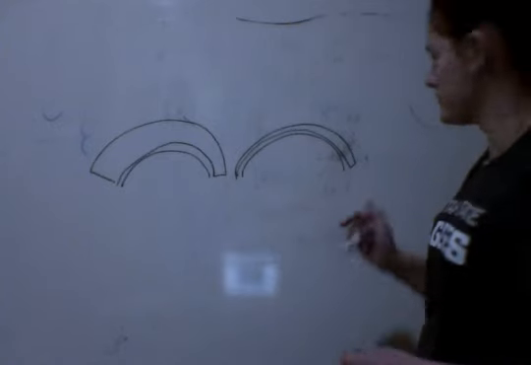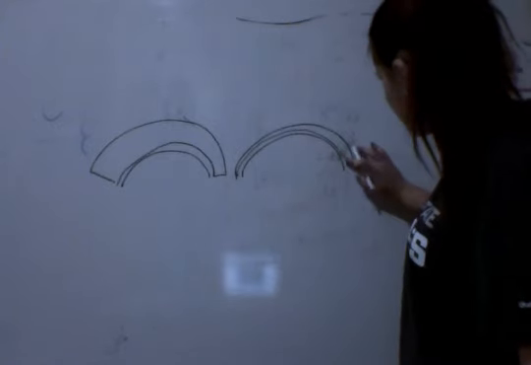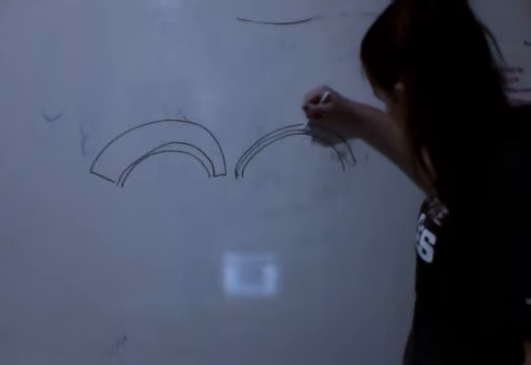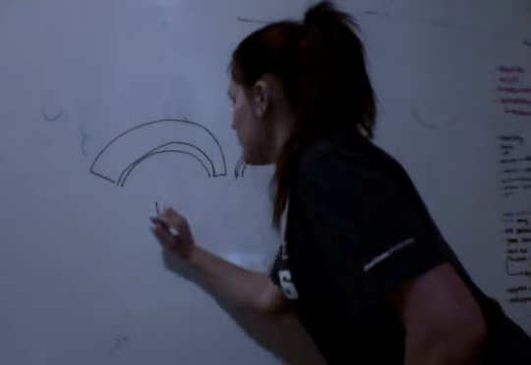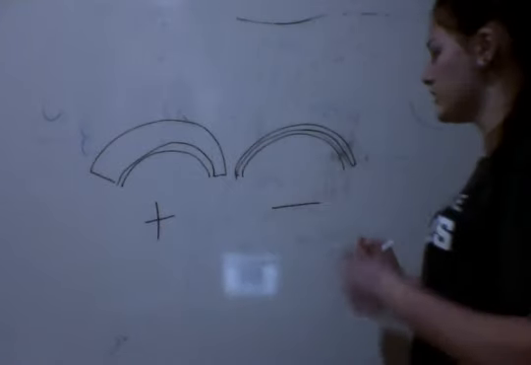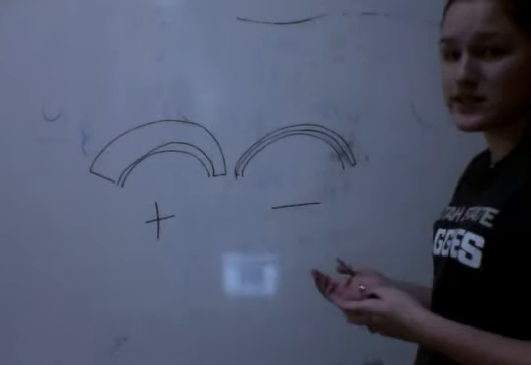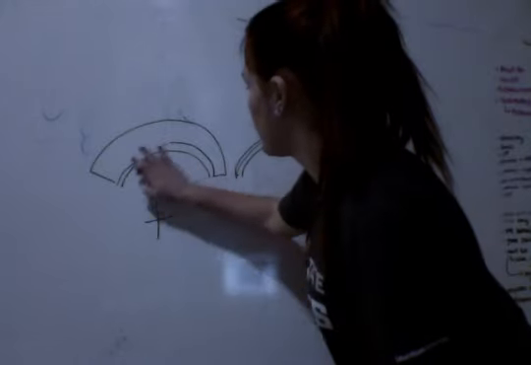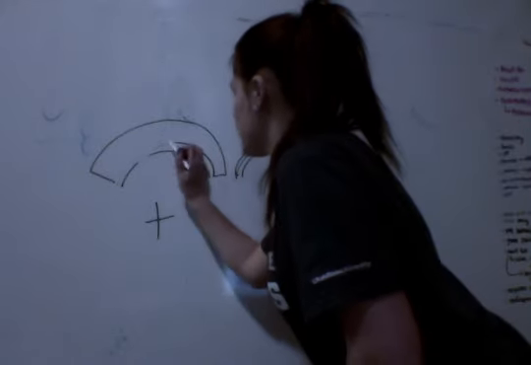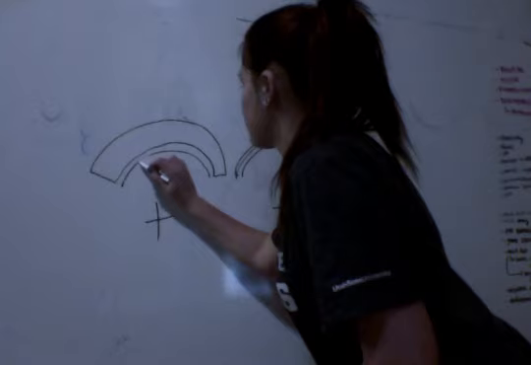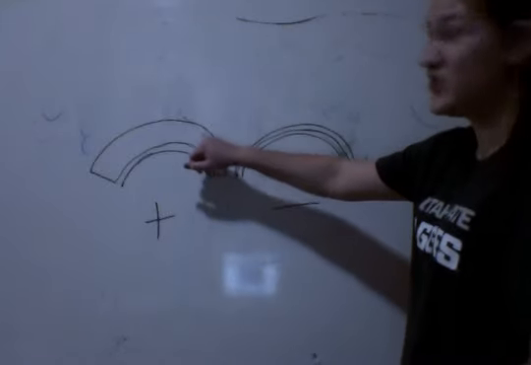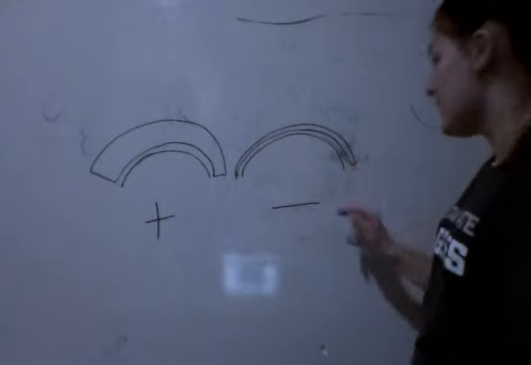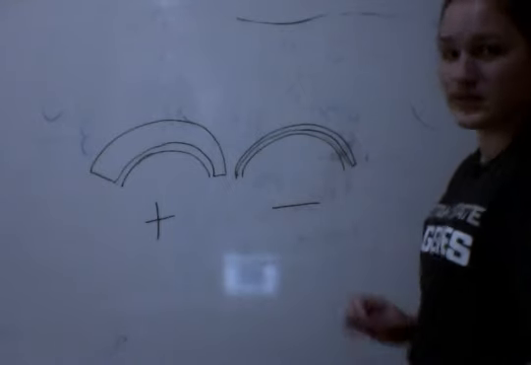That makes sense? That was a really bad drawing. Okay, there. So this is your gram positive, and this is your gram negative. Already you can see some differences in how big the cell wall is. Gram positive: inner membrane, super thick cell wall. Gram negative: inner membrane, super thin cell wall.